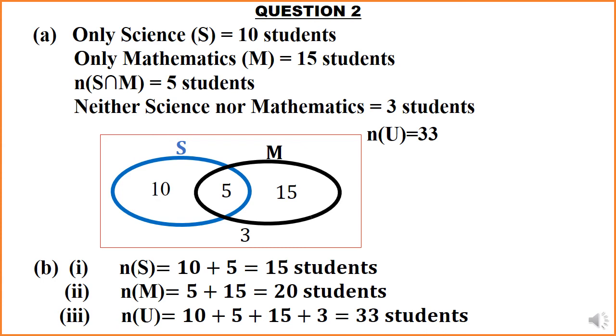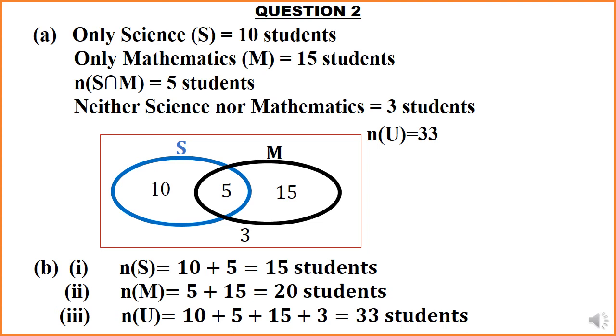So we also have n(M), the number of mathematics students. It is also everything that you can see in the black circle, which is 5 and 15. So we add this number of members in the black circle, which is 5 plus 15, and it is also equal to 20 students.